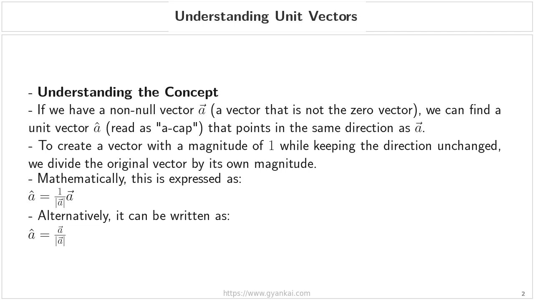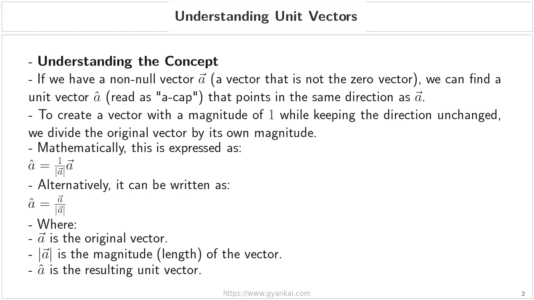If we look at the math, we can express this in two ways. First, we can write it as a cap equals 1 divided by the magnitude of a vector, multiplied by a vector. Or, even more simply, you can think of it as a vector divided by the magnitude of a vector. Both notations mean the same thing. We are using the magnitude as a scaling factor.